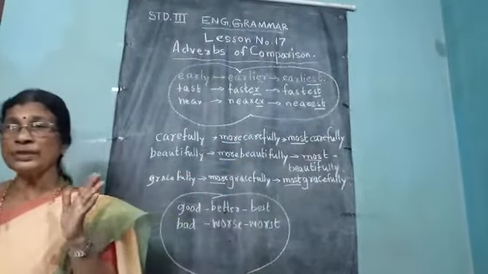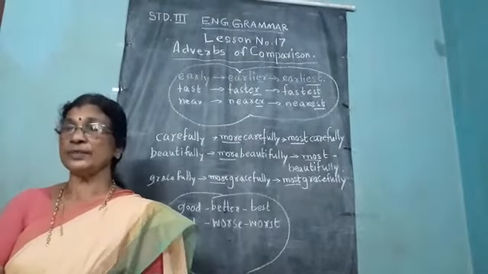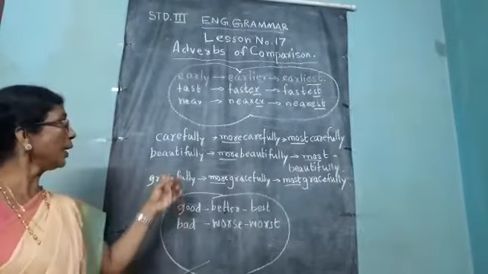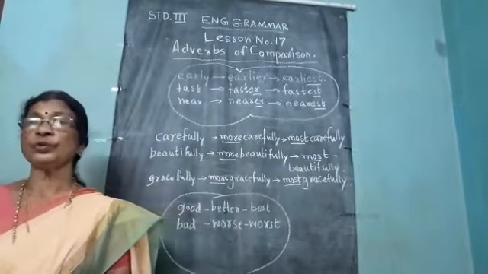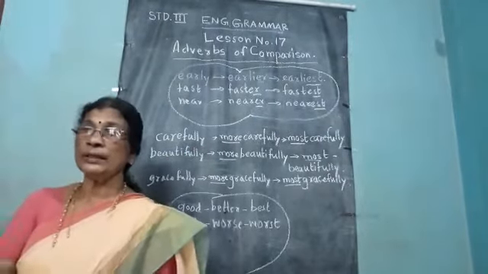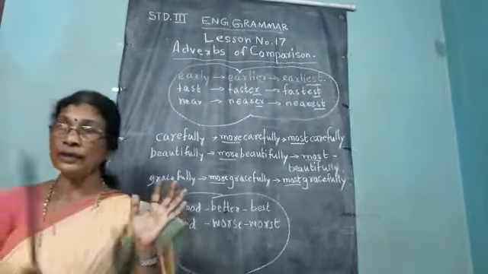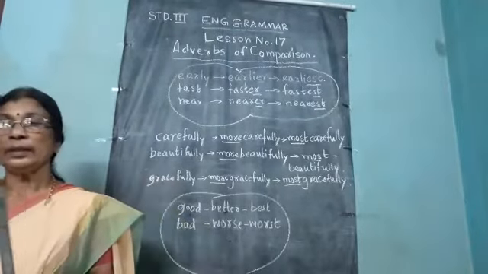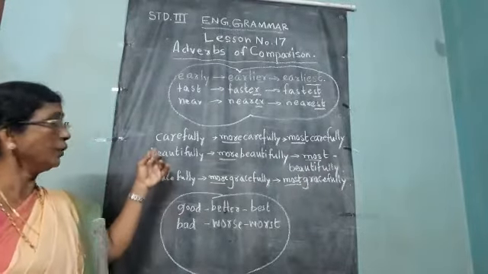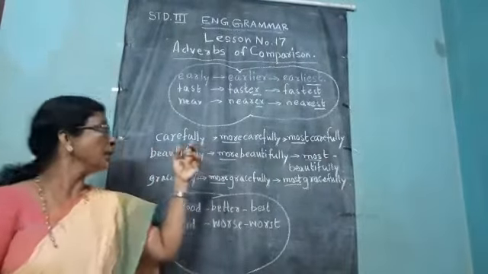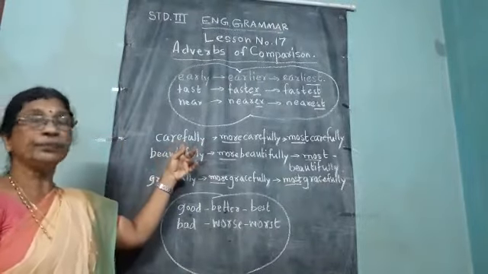With most of the adverbs we use more and most. That also I already taught you in the previous chapter. So you have already studied this all. Then also I tell you what is carefully.